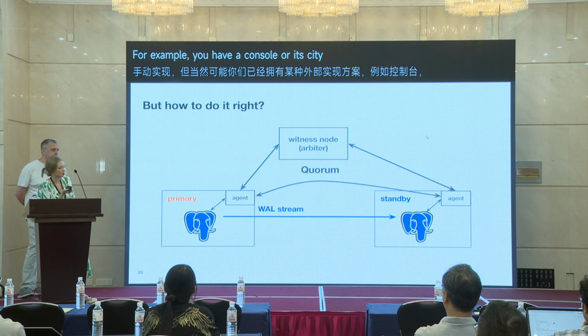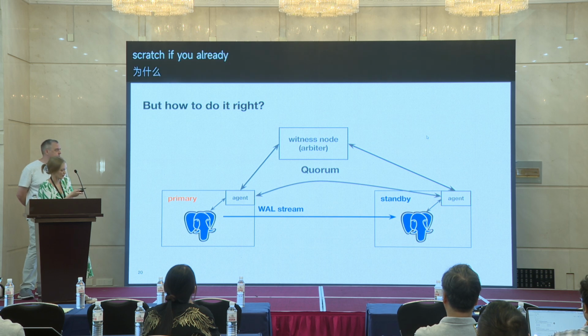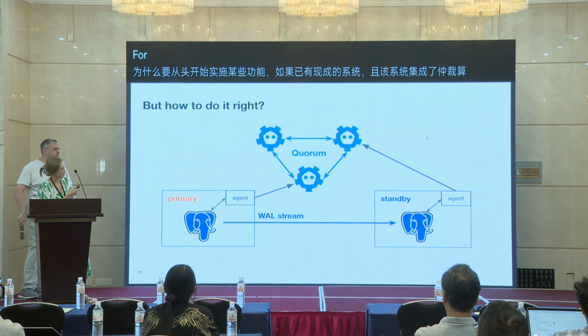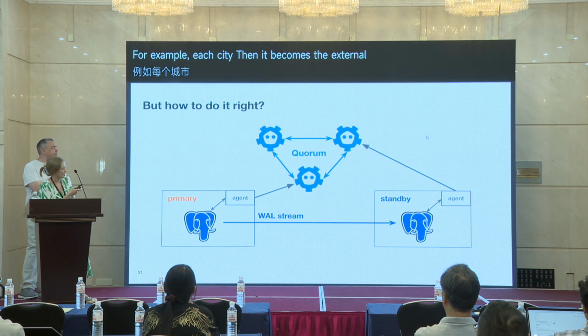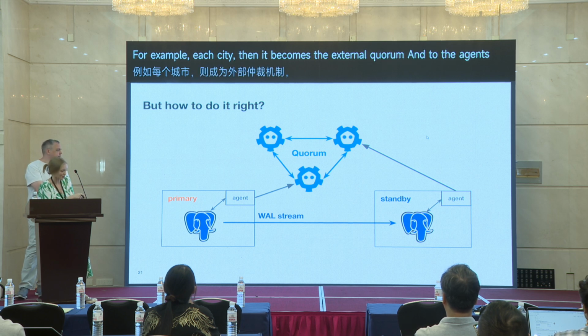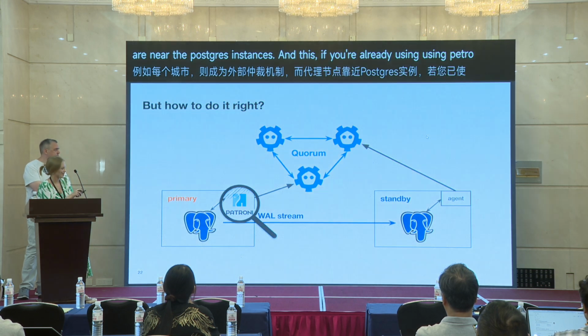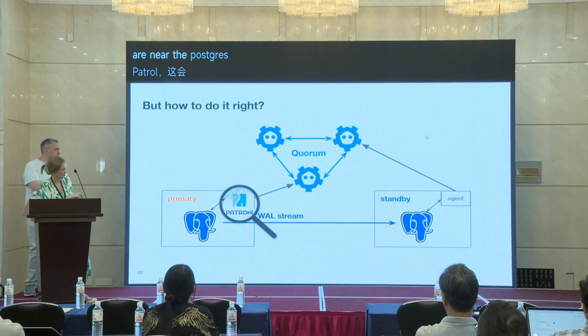And why implement something from scratch if you already have such a system that implements the quorum algorithm? For example, etcd. Then it becomes the external quorum, and the agents are near the Postgres instances. And this, if you're already using Patroni, starts to remind you of something. This is how Patroni actually works.